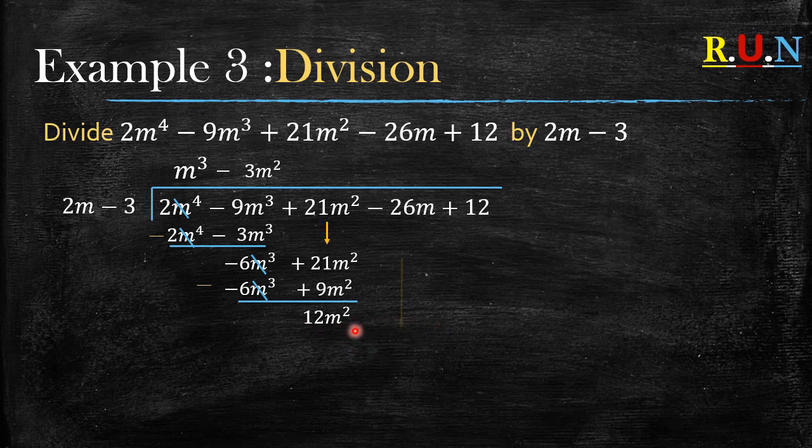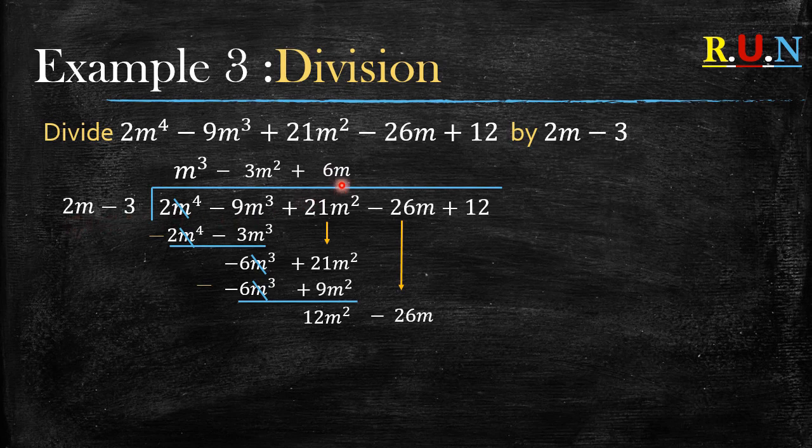So once you get your answer again, you bring down the next term. Always remember that when you get an answer, it's time to bring down the next term. So the first term again, 12m squared. We look at it and then we divide it by 2m. So what is 12m squared divided by 2m?